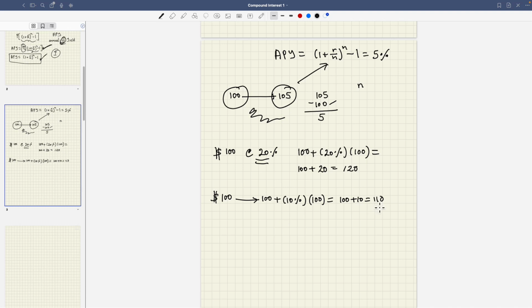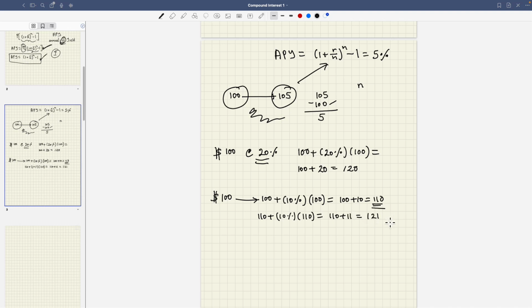So now you have in the bank after 6 months $110. So now those $110 plus 10% of those $110, now you're going to have 110 plus $11, which is $121.